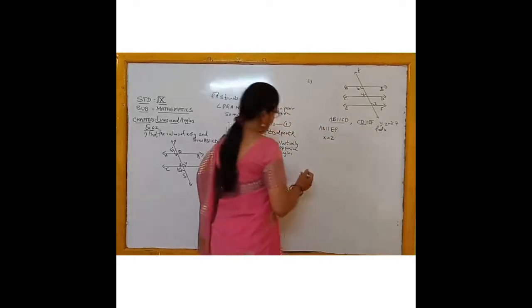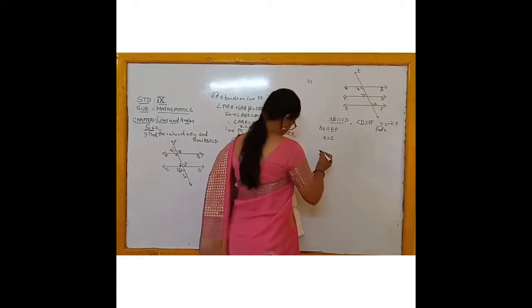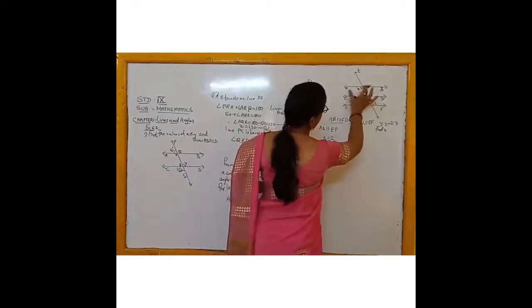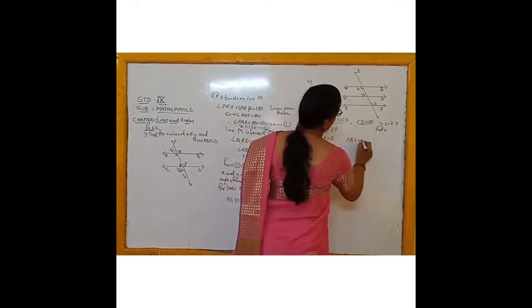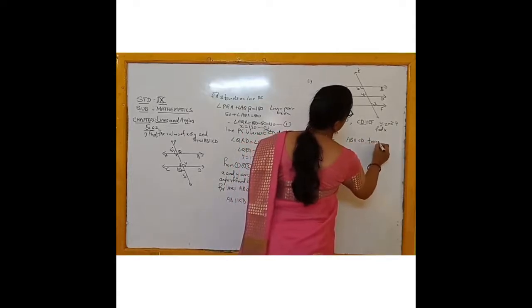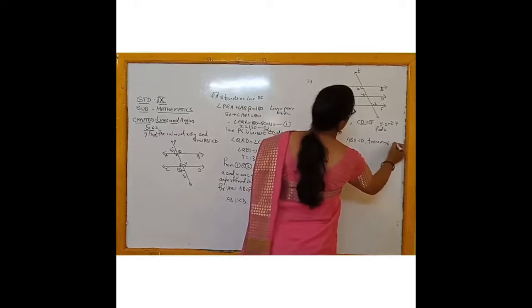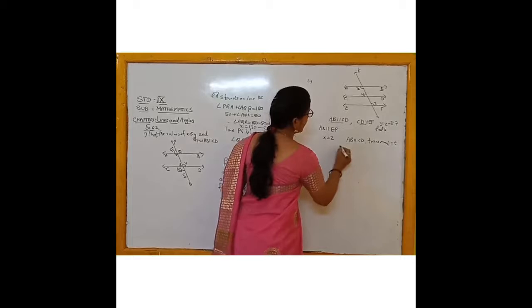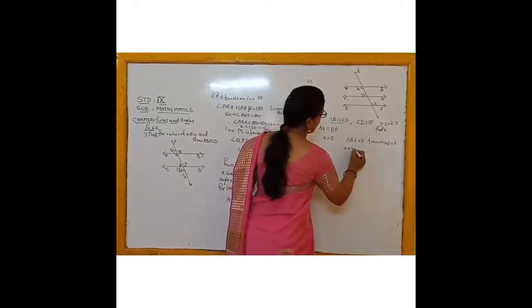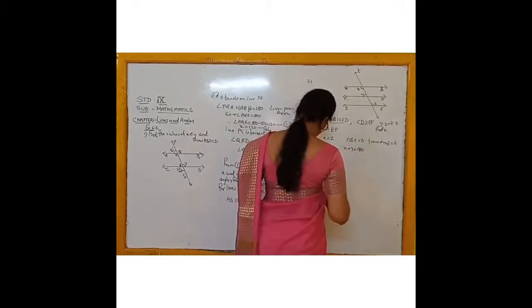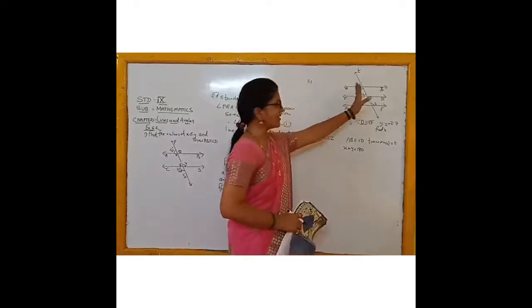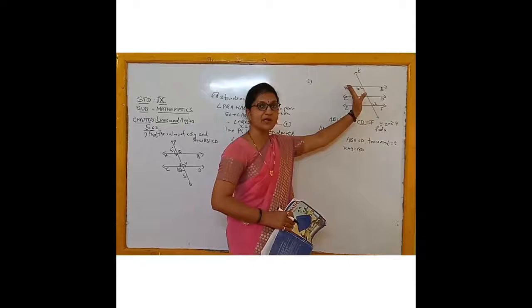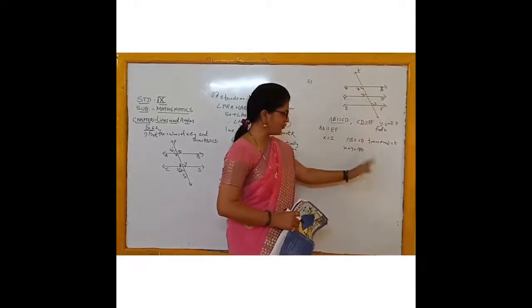Now next, AB is parallel to CD, line T is the transversal. So what can you write? x plus y is equal to 180. Why is x plus y equal to 180? Because these are the interior angles on the same side of the transversal. So x plus y is equal to 180.